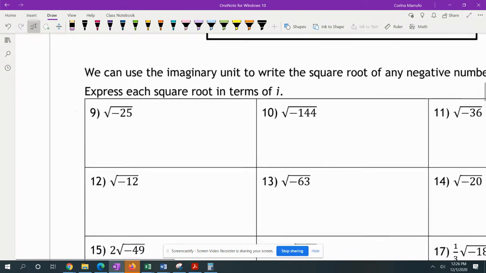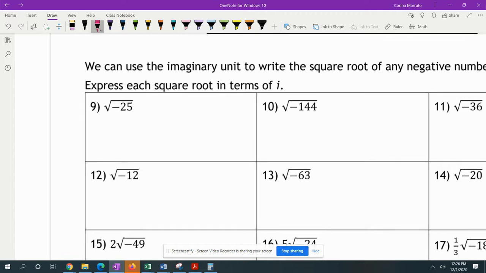Okay, so here we have the square root of -25. We are going to break this down into 25 times -1. We know that 25 times -1 would give us -25. Now we can take the square root of 25 and get a whole number, which gives us 5, and it actually gives us plus or minus 5.